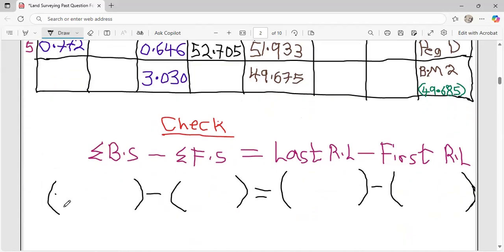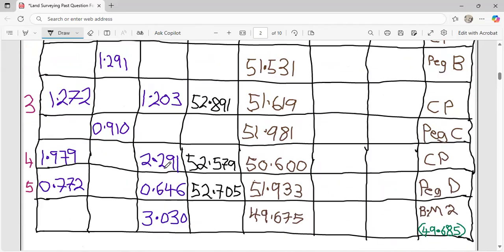After adding that, we are going to get 7.387.